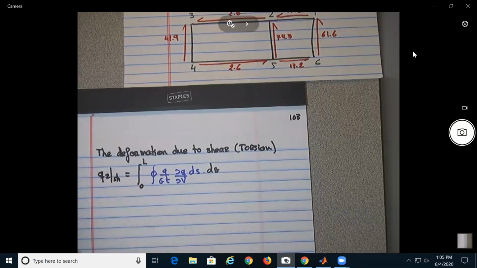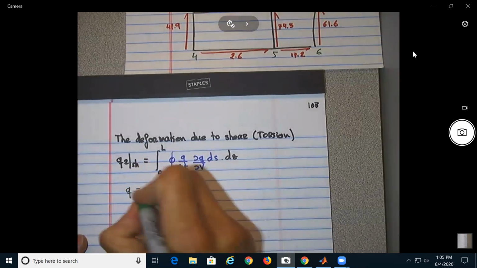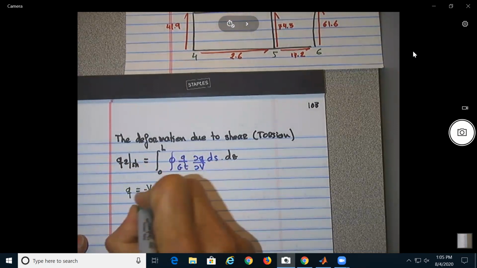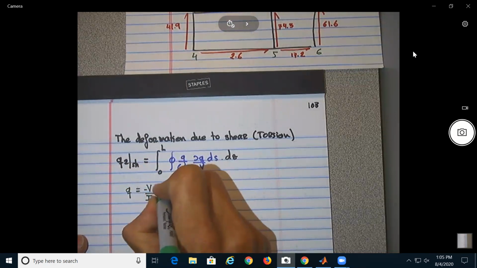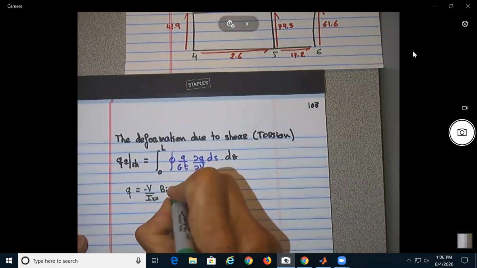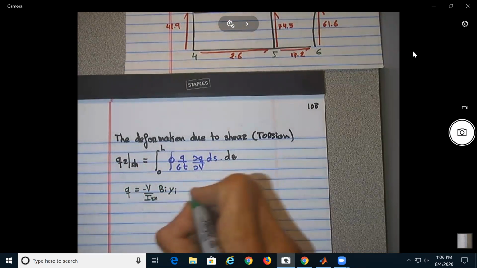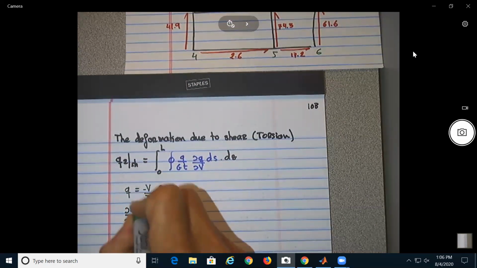Okay, so remember that Q generally is given by what? It's given by minus V over I XX, or let's say B of I, Y of I. Okay? So if this is this, what would be the partial Q partial V?